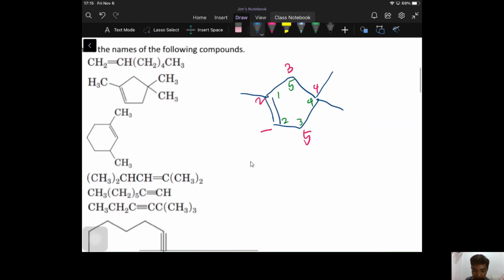Kapag green yung pipiliin, ano yung magiging substituent numbers mo kapag green? Ang substituent numbers mo kapag green ay 1, 4, 4. Kapag red naman, ang iyong substituent numbers ay 2, 4, 4. Which is better? Is it the 1, 4, 4 or the 2, 4, 4?